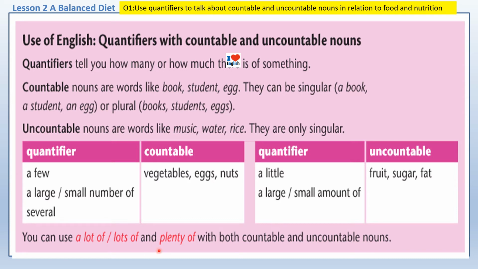We can say plenty of eggs. Also we can say plenty of sugar. Both of them are right. So these quantifiers are the easiest words to use because they can be used with countable and uncountable nouns: a lot of, lots of, and plenty of.